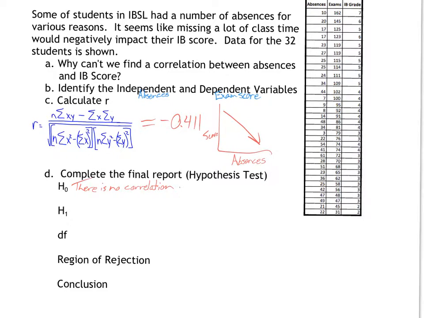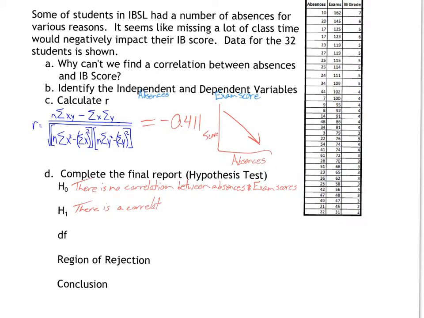There's no correlation between absences and exam scores. So H sub 1 is that there is a correlation. That's right.